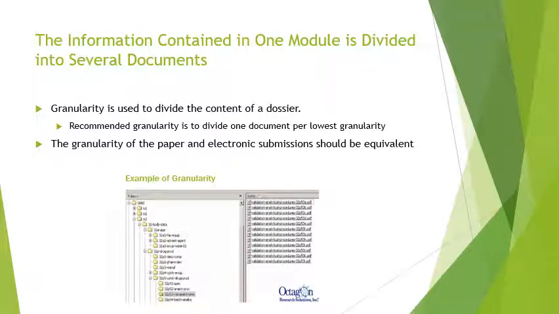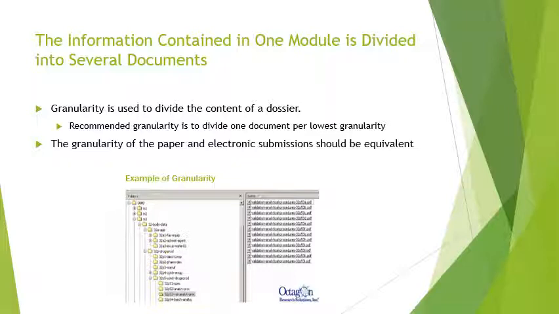Now, the next attribute for an ECTD is granularity. It's one of the most important aspects of an ECTD because it divides the content in the document. Basically, the information in each module is divided into several documents, which also makes it easier for review, which is conducted by the regulatory bodies.